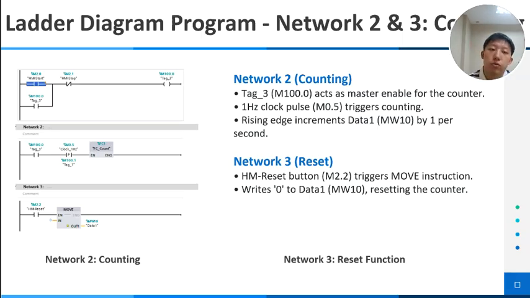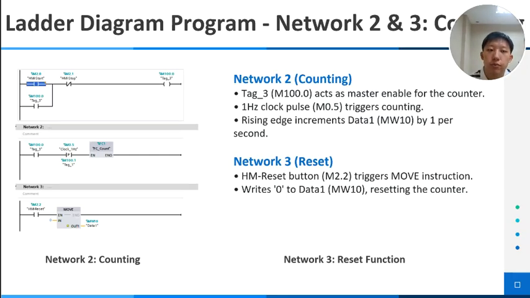Moving on to networks 2 and 3. Network 2 handles the counting function. As long as tag 3 is on, the system is running. A 1 Hz clock pulse from the PLC increments the data1 integer every second.